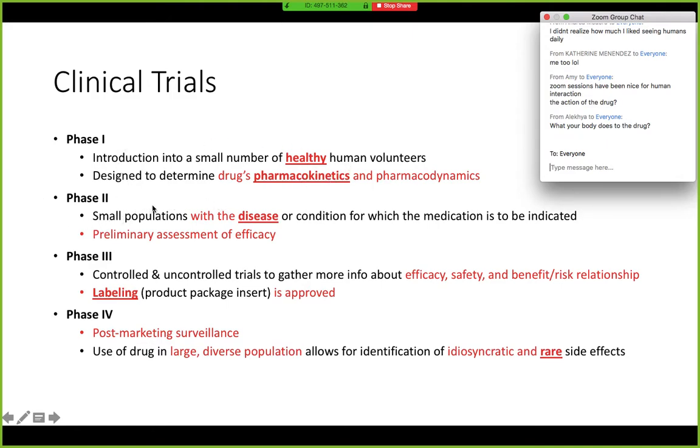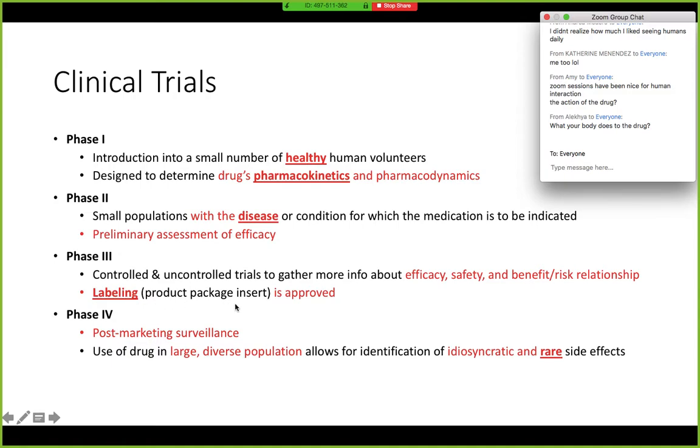Whereas in phase 2, they're going to describe giving the drug to people who have the disease. So if they're talking about volunteers that have the disease, you can definitely rule out phase 1. And then in phase 3, if you see a stem talking about randomized controlled trials, that would be a hint that you're talking about phase 3. Or it might mention something about labeling.